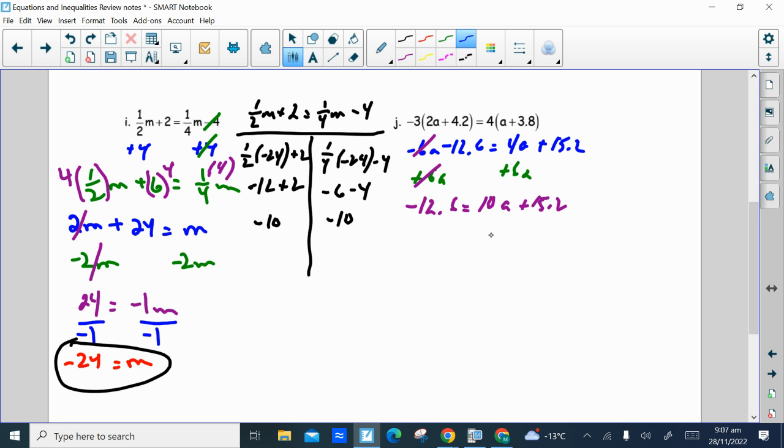So I can get the 10a by itself by subtracting 15.2 from both sides. So on the left side, negative 12.6, take away 15.2 should be negative 27.8, but let's check.